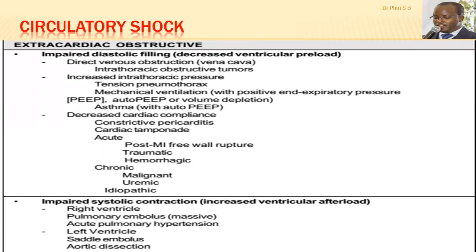Then you can have tension pneumothorax. In tension pneumothorax, if you injure yourself, especially the rib cage, maybe the rib cage is pierced with a pin, or it could be a nail, to the extent that the pleural cavity is opened. So air will start moving into the pleural cavity.